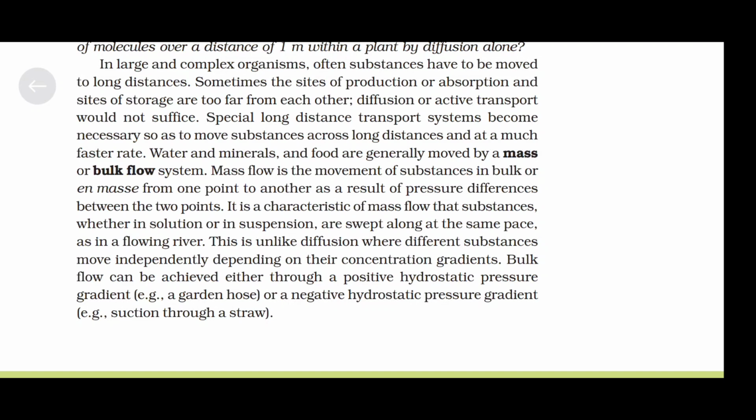This is unlike diffusion, where different substances move independently depending on their concentration gradients. Bulk flow can be achieved either through a positive hydrostatic pressure gradient, for example a garden hose, or a negative hydrostatic pressure gradient, for example suction through a straw.